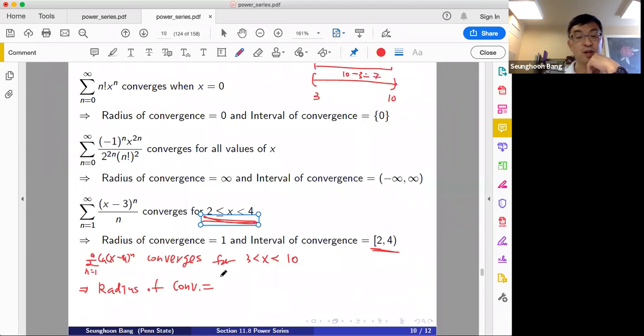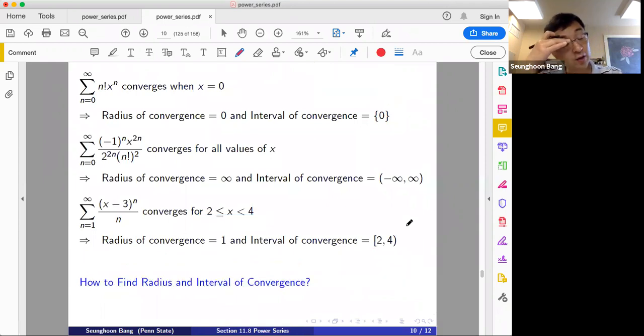The radius is always half, 7 over 2. What's the interval of convergence? Yes, thank you. The interval of convergence is the open interval (3, 10). That's the idea for finding the radius of convergence and interval of convergence.